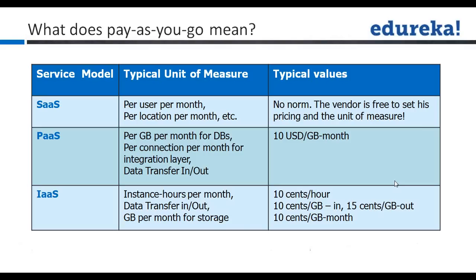In an infrastructure service model, like what Amazon is doing, they charge on an hourly basis for whatever virtual server you are getting, or whatever data transfer in or out, or storage you are using. So if you want to make your own cloud, you can charge back the customers based on this kind of concept. It's not mandatory to follow this. These are the samples.